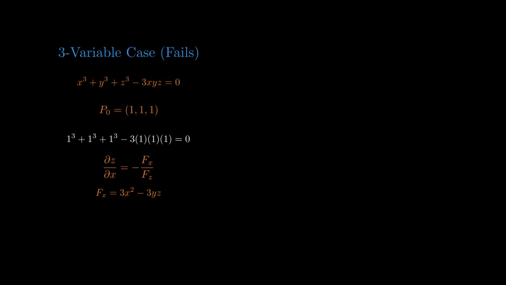To find the partial derivative of z with respect to x implicitly, we take the negative ratio of the partial derivative of f with respect to x divided by the partial derivative of f with respect to z. The partial derivative of f with respect to x is 3 times x squared minus 3 times y z, which evaluated at the point (1, 1, 1) gives 3 times 1 squared minus 3 times 1, or 3 minus 3, which equals 0.